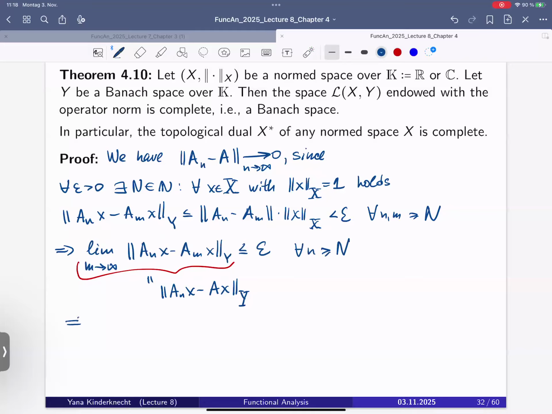But this exactly means that A_n tends to A in this operator norm.